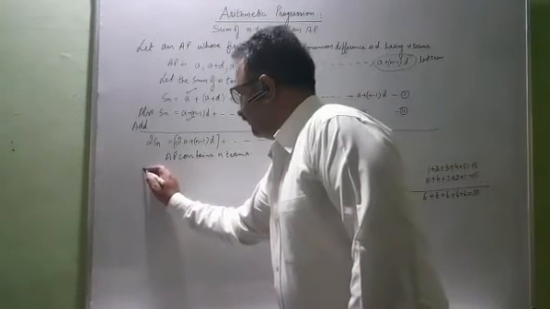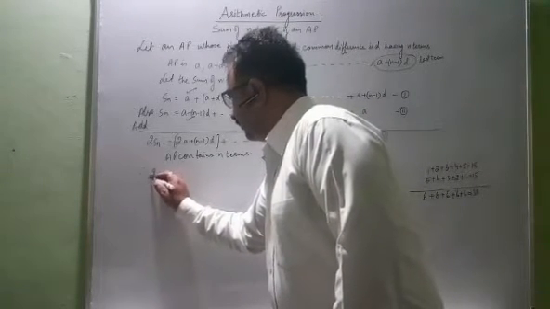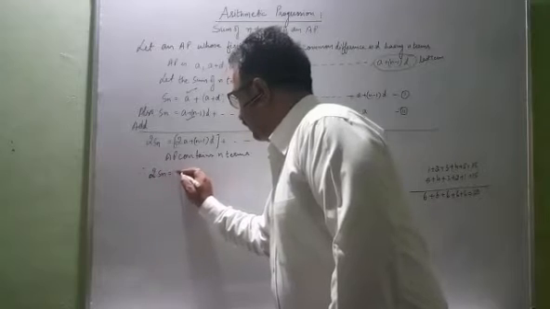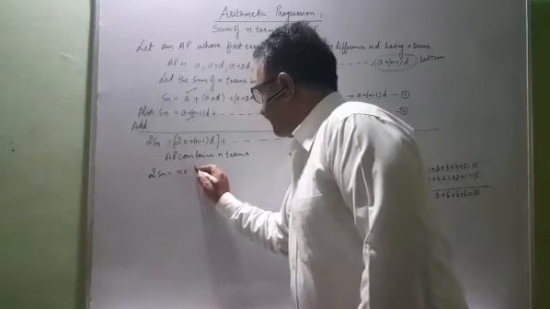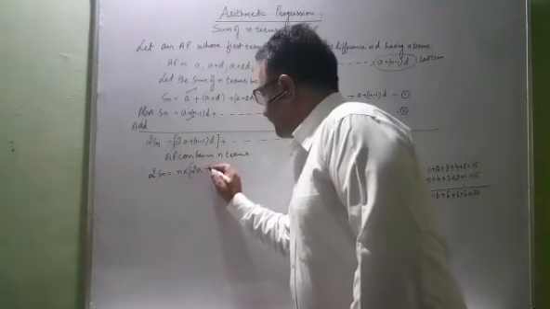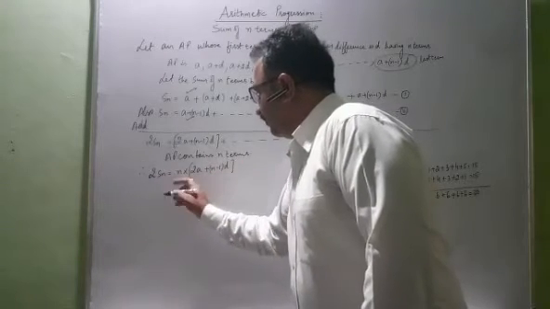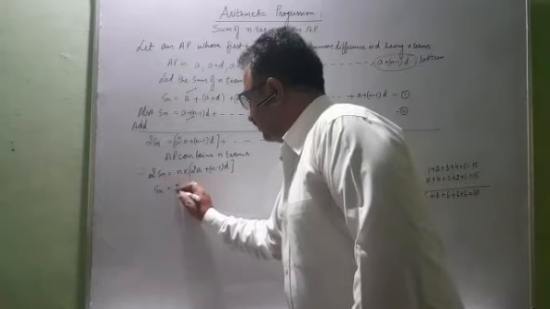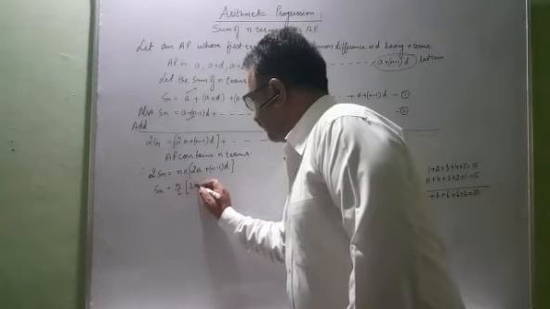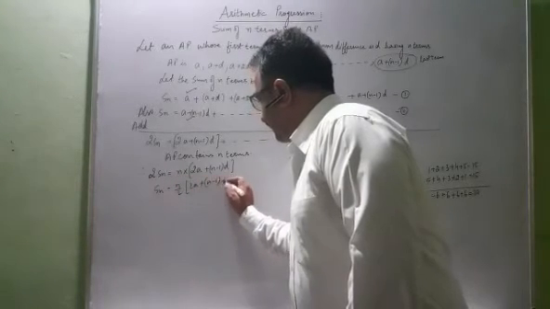So therefore 2Sn is equal to n into (twice of A plus (n minus 1)D). This 2 will go down. Sn is equal to n by 2 into (twice of A plus (n minus 1)D).